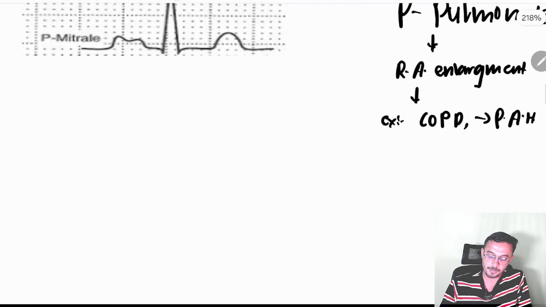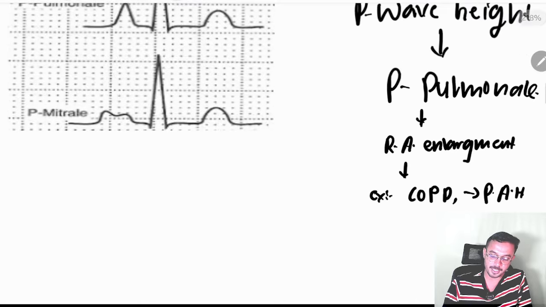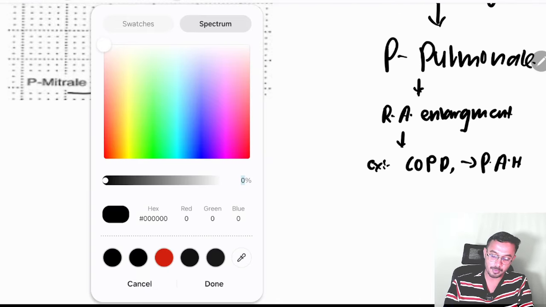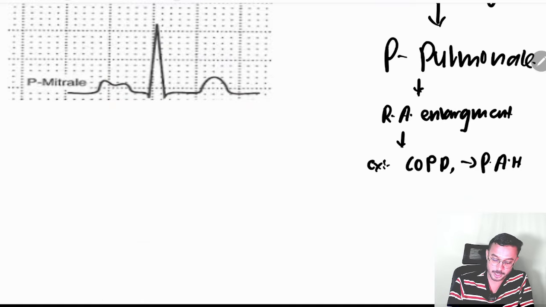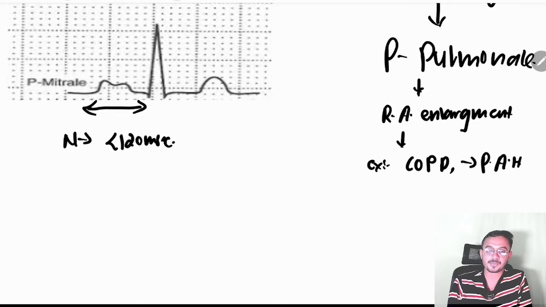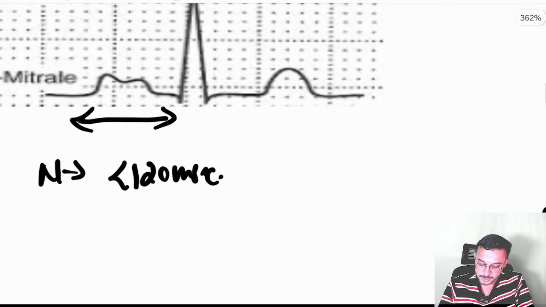And the next P wave abnormality is P mitral. I taught you the normal breadth of a P wave: normally it is less than 120 milliseconds, in the sense that it fits in 3 small squares. But look at this ECG, it is 1, 2, 3, 4, 5.